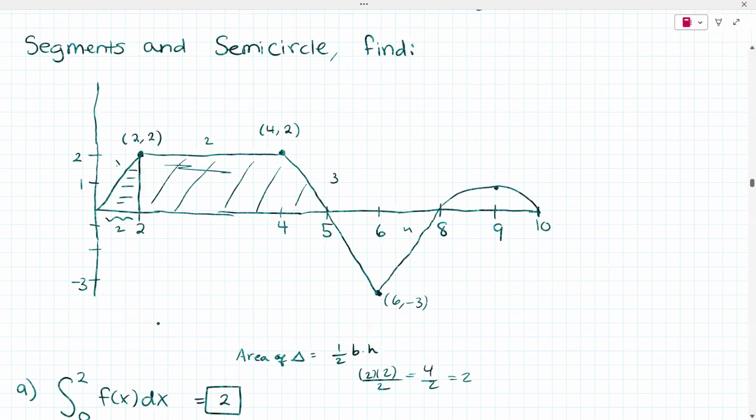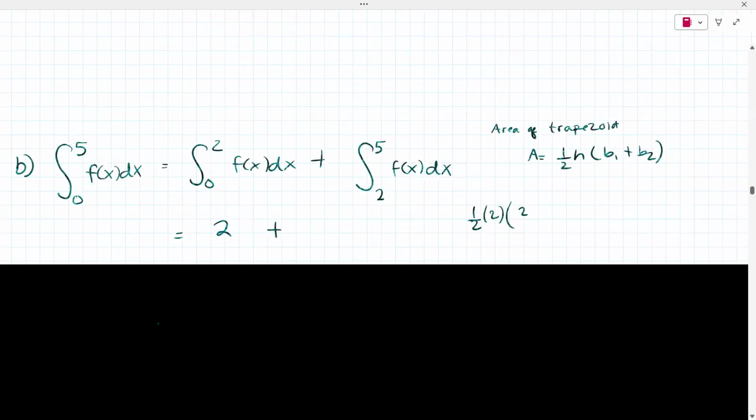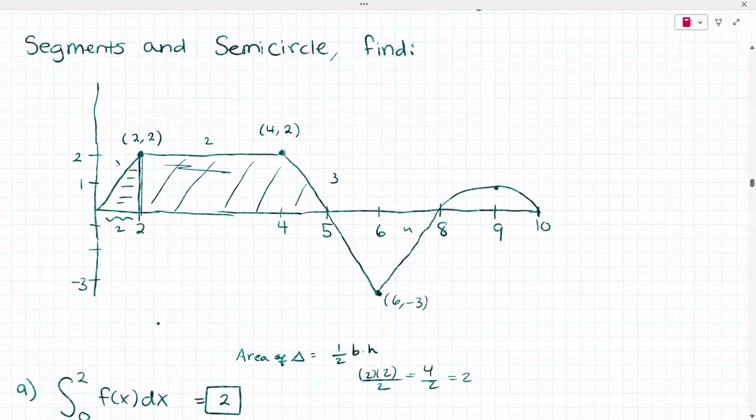So what is base 1? Base 1 is 2, right? This is the base. Plus base 2, which is, I believe it's going to be 3, right? Yeah, it's going to be 3.